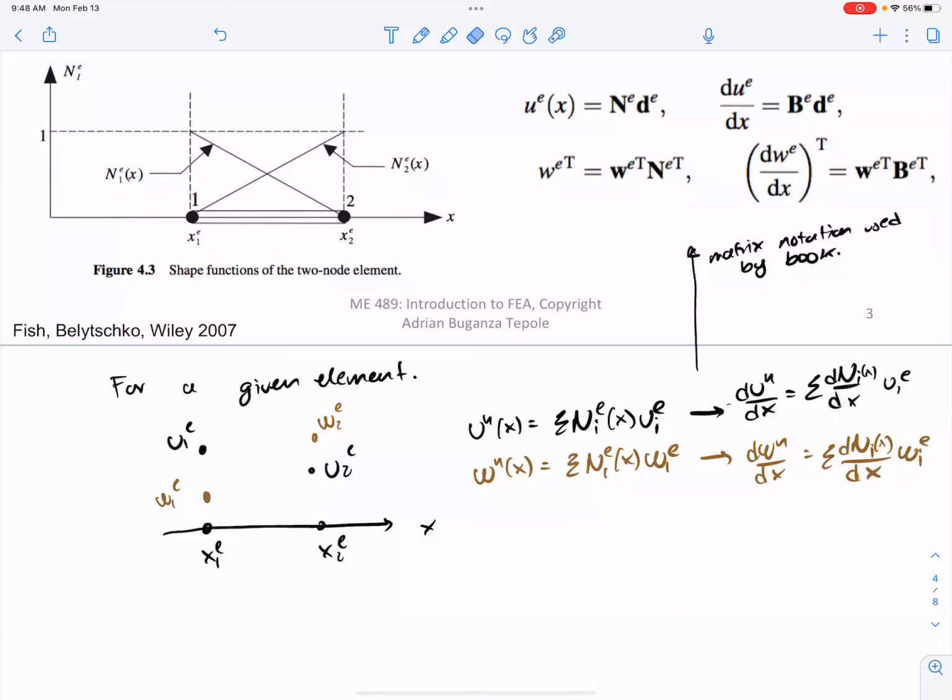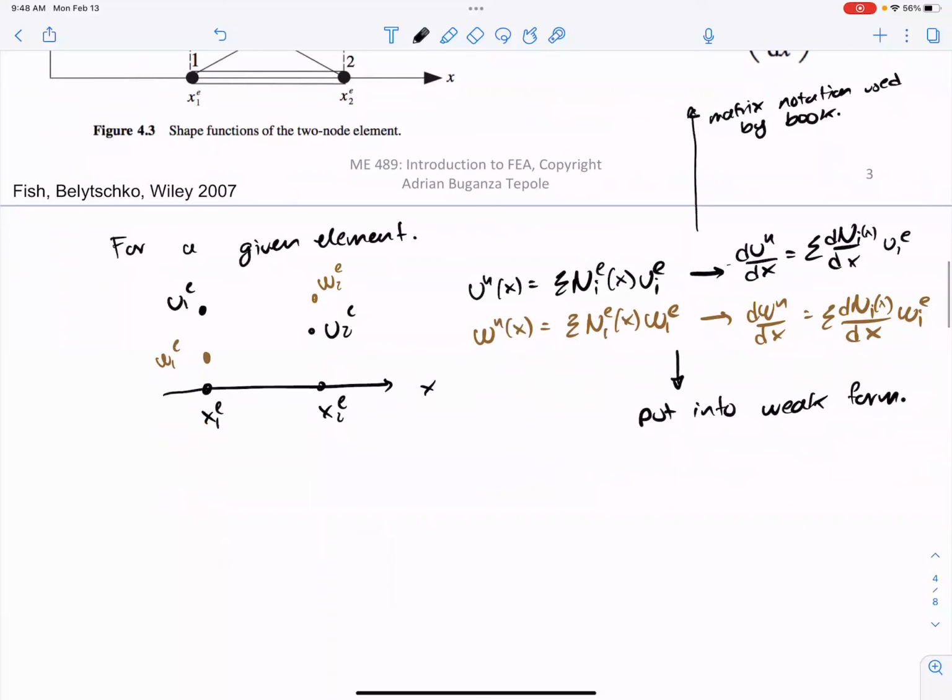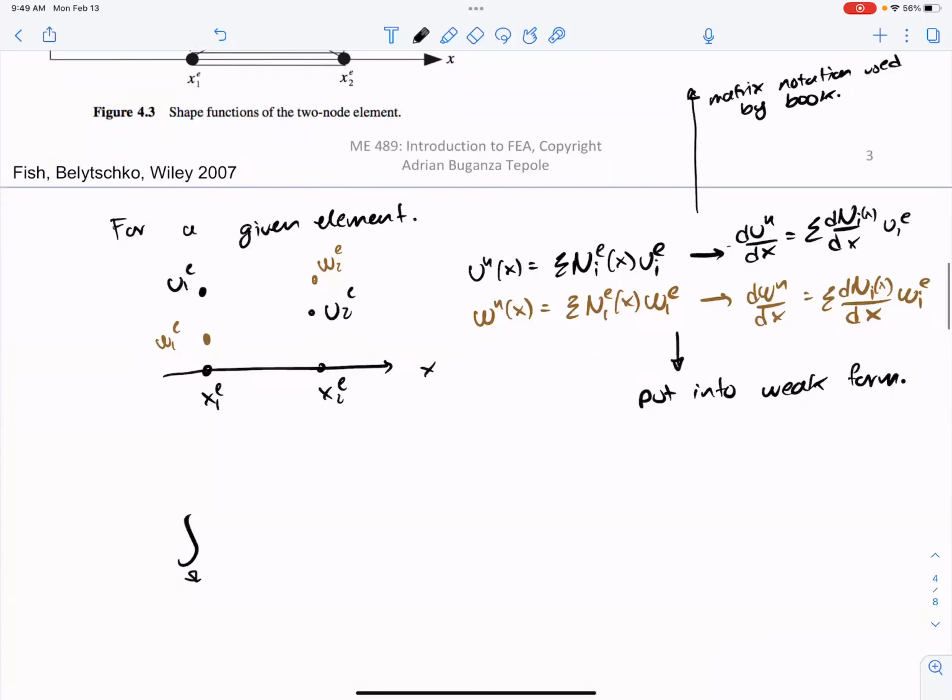Okay, so we have that, and we have our weak form. Let's just put this into the weak form. What does the weak form look like? It was the integral, and we're going to integrate only over an element. Let me write the full integral first, and then do it for one element.